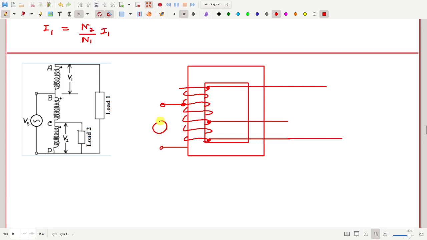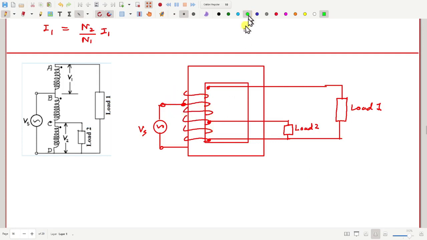Now we have a source connected here, that is Vs, and here we have one load, load 2, and here another load 1. In this case you can again find the dot positions.